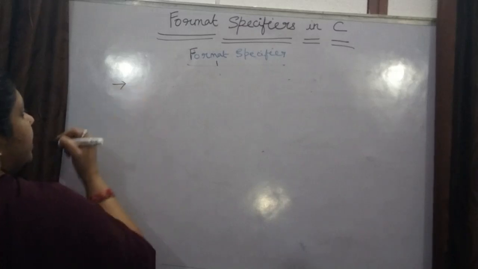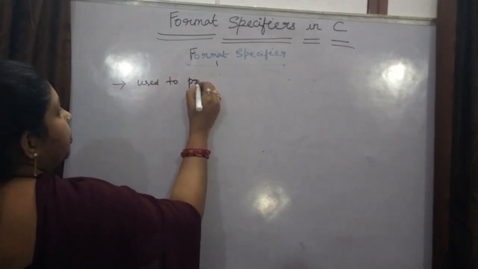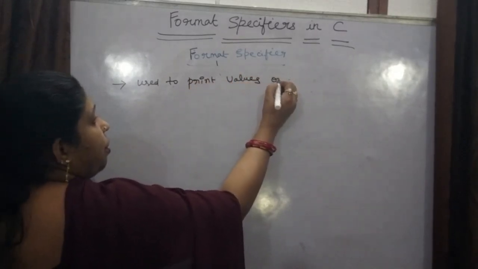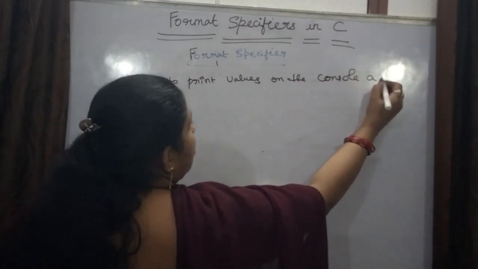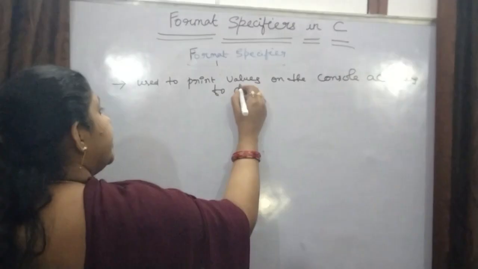First thing, it is used to print values on the console according to the data type.